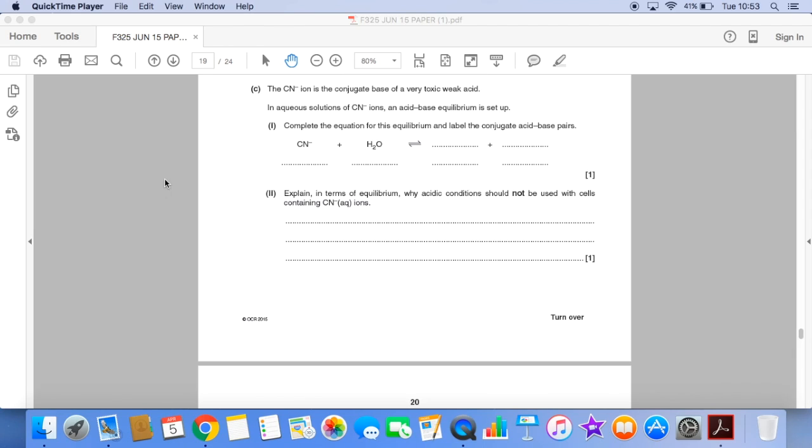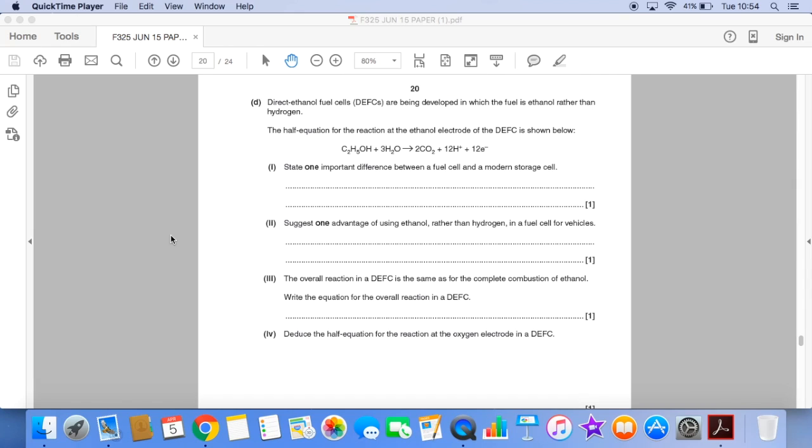Complete the equation for this equilibrium and label the conjugate acid-base pairs. And then in the next part, explain in terms of equilibrium why acidic conditions should not be used with cells containing CN- aqueous ions.